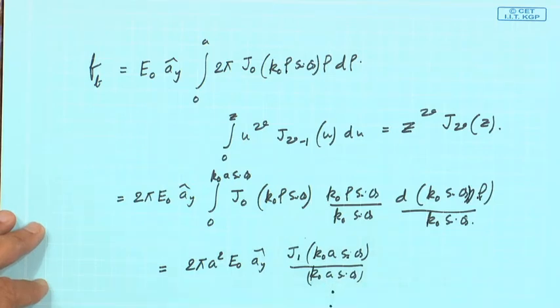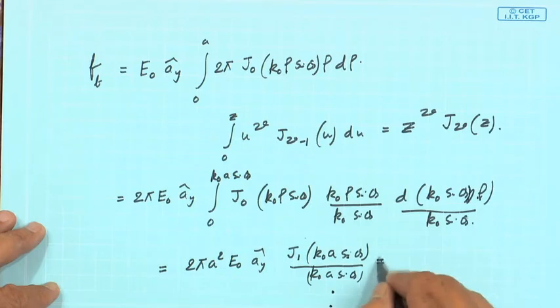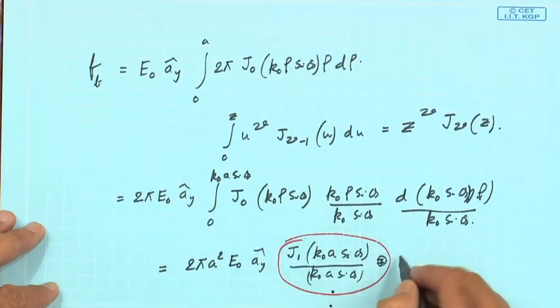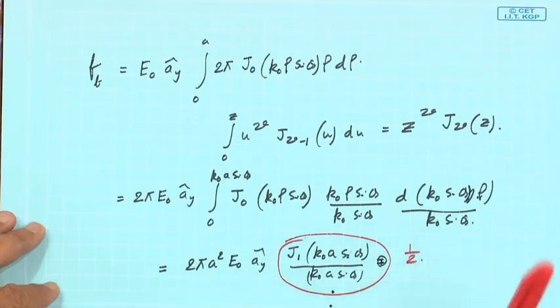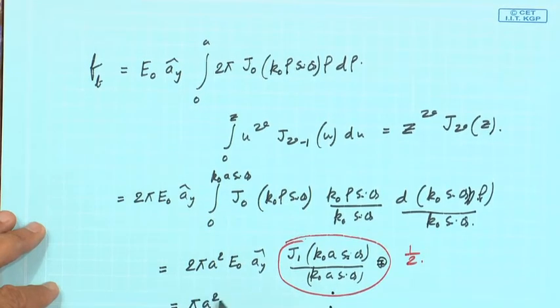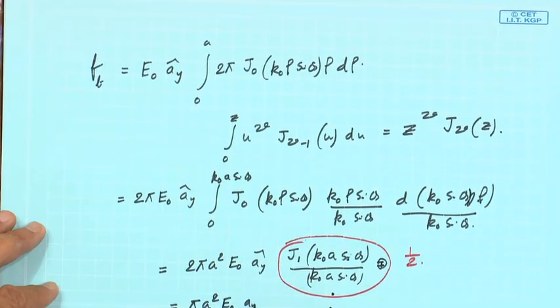That is where L'Hospital's rule applies, so you will have to differentiate this and then put in the limit. This part gives you half. So it becomes pi a square E naught a y.